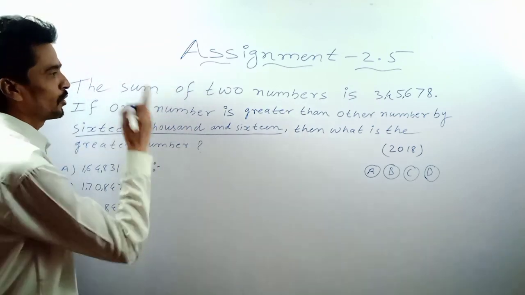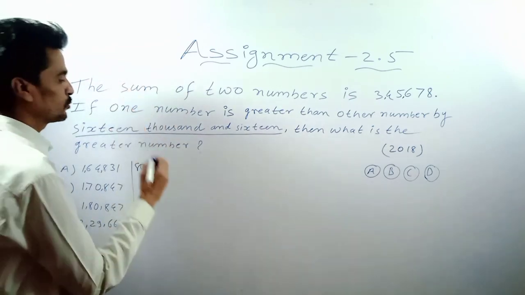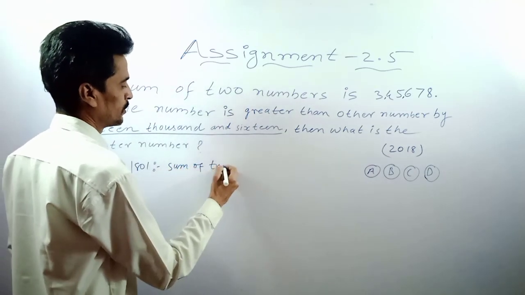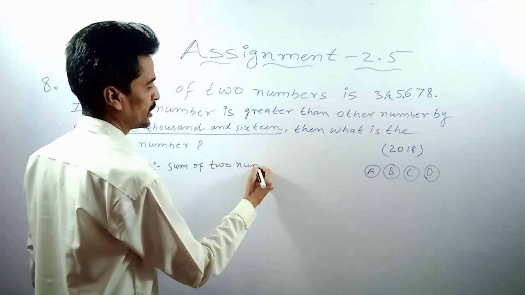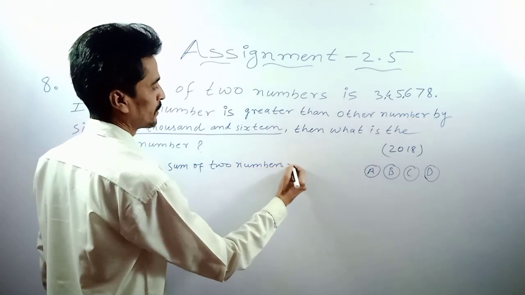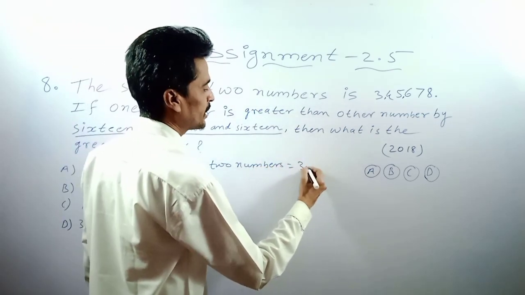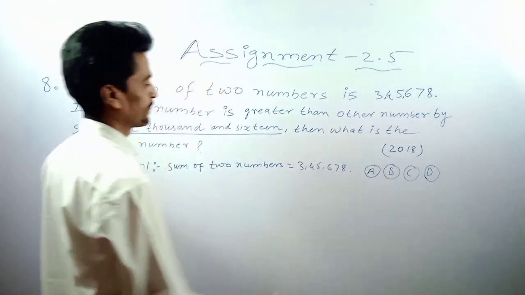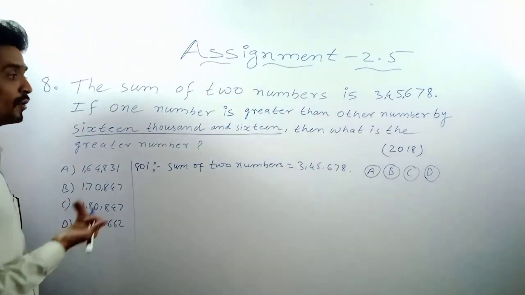What is given? The sum of two numbers equals 3,45,678. How many numbers do we have? We have two numbers.